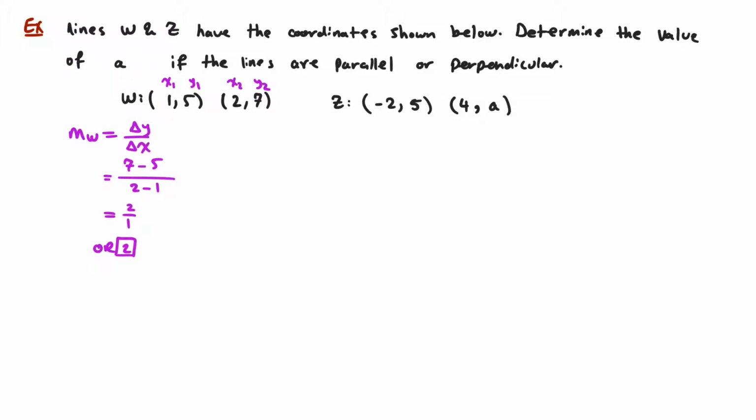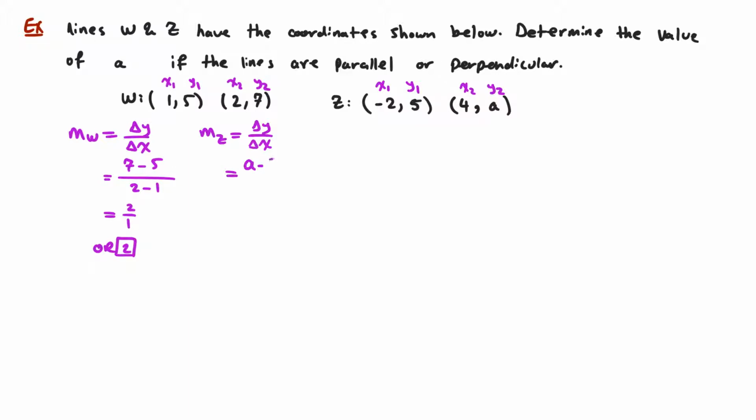I can use the equation to also find m_Z, and the slope of Z is equal to, again, delta y over delta x, and x1, y1, x2, y2, just labeling it up here. And I will get my y2 value is A, that's something we don't know and we're trying to find.